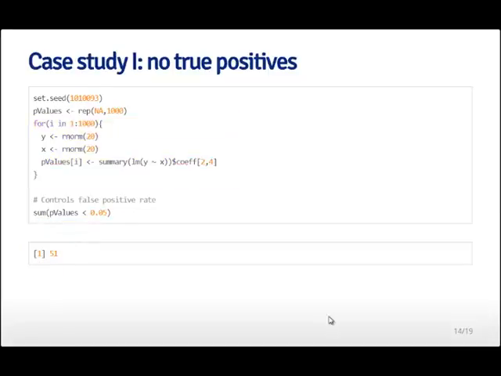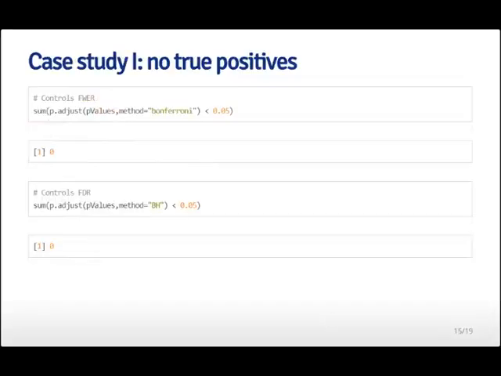So what happens if I adjust the p-values and apply the family-wise error rate or the false discovery rate correction? What I can do is use the p.adjust function in R. I apply p.adjust to the p-value vector that I calculated. This p-value vector has all of the p-values from all 1,000 different studies.